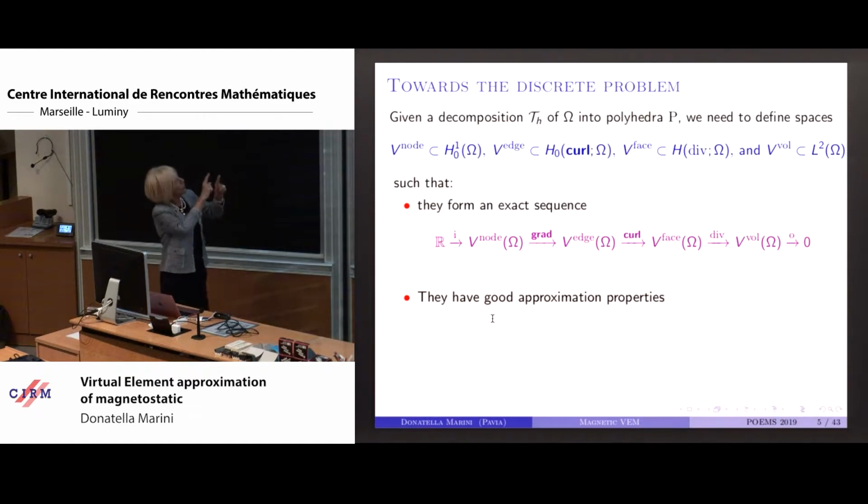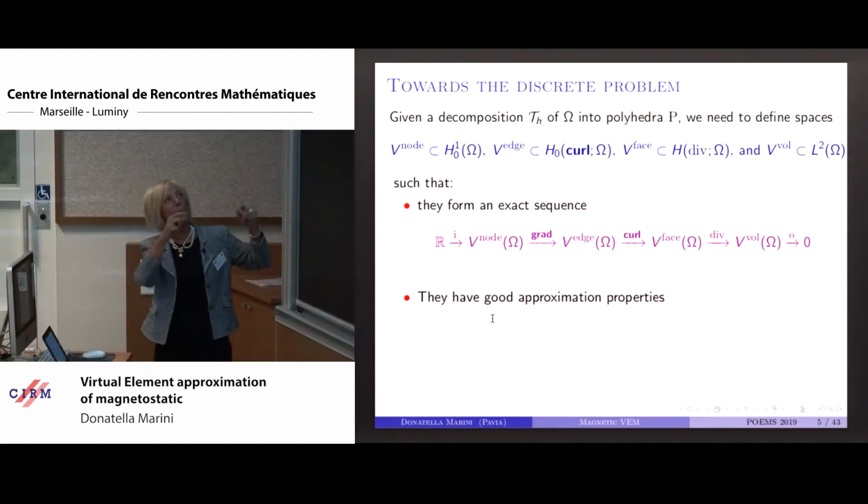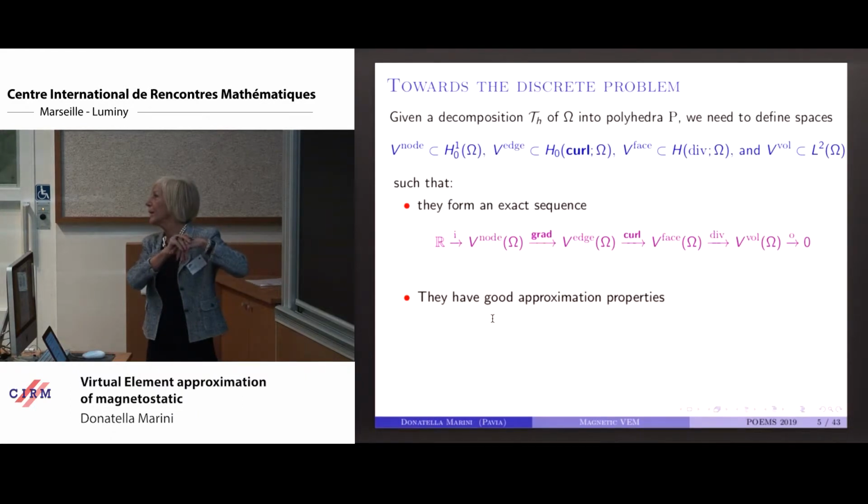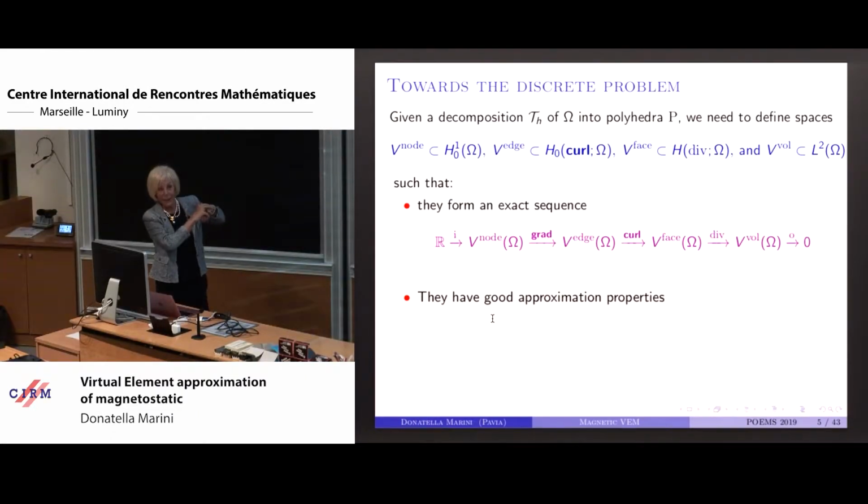We want to construct this sequence in such a way that they form an exact sequence like their continuous counterpart. Plus, they need good approximation properties because we are, of course, approximating.